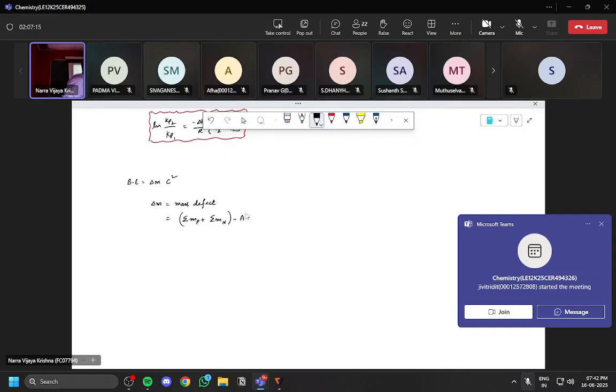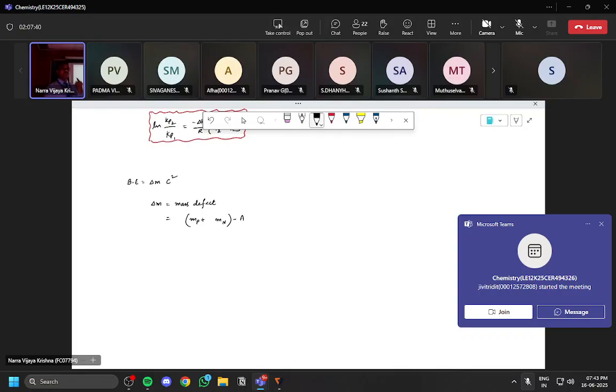Then I will get the mass defect. That into c square gives binding energy. If mass defect is 1 AMU, that 1 AMU into c square gives binding energy, approximately 931.5 mega electron volts.